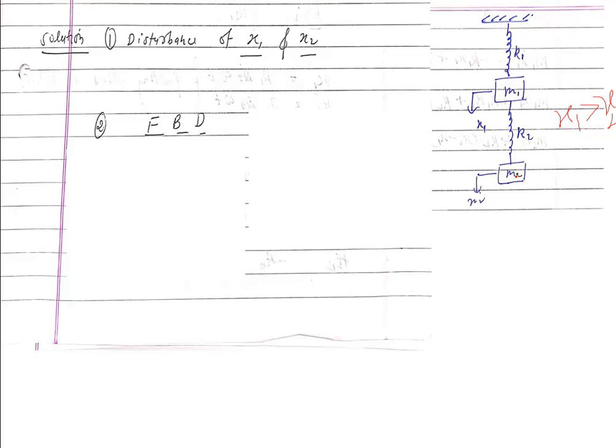But if m2 is disturbed by distance x2, there is a deformation of x1 minus x2 in the second spring, and a deformation of x1 in the first spring. So the spring force here will be k1 x1, and the spring force provided by the second spring will be (x1 minus x2) multiplied by k2. Okay, so what are the forces applying on m1?